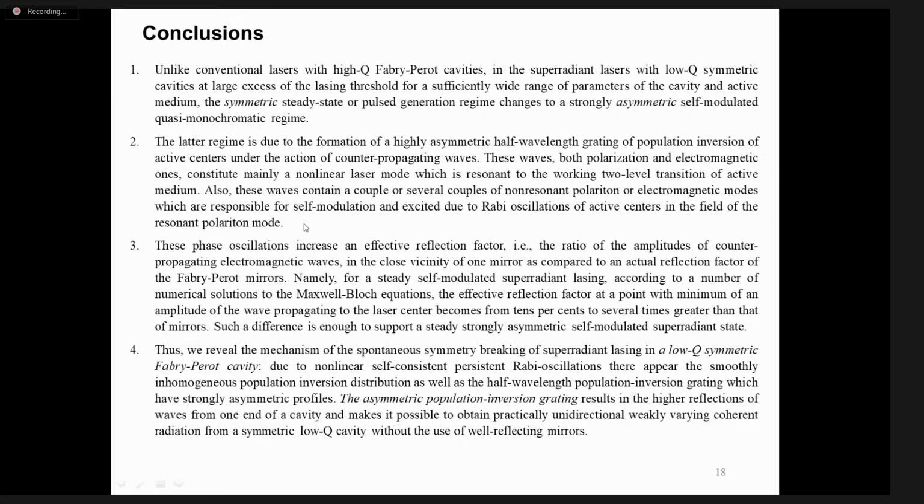and the phase modulations of the counter-propagating waves increase the effective reflection factor close to one at one end of the cavity.